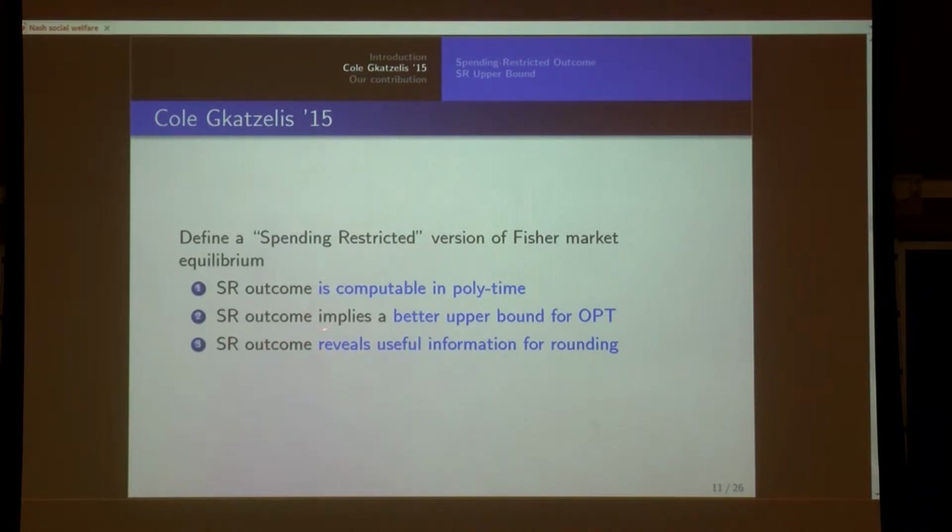And using this, they show an upper bound on the optimal Nash social welfare. Okay, I'll talk more about this in a little bit. And also, the equilibrium allocation gives you a way to actually find an integral allocation, and they show that this way of doing it is actually, you can prove this 2.88 approximation using this upper bound.